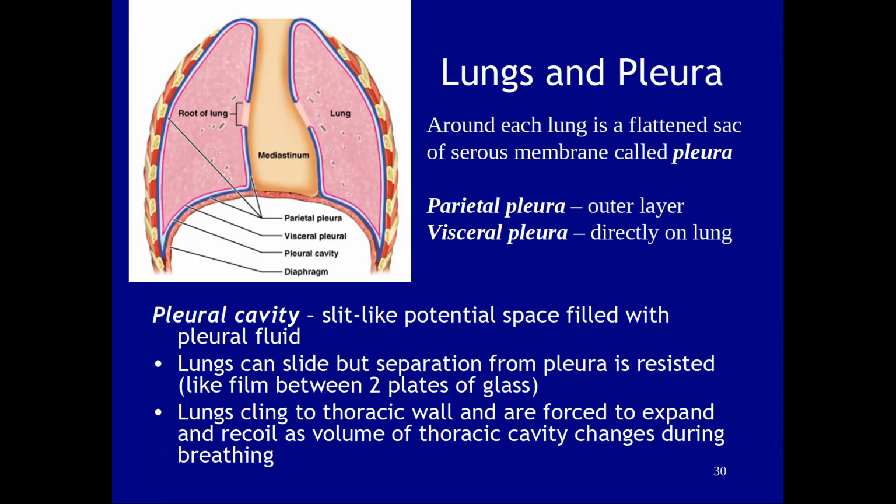Now, I'm assuming everybody remembers what the terms parietal and visceral mean, right? Parietal is lining a cavity. Visceral is lining an organ or gland. Basically, it's lining, right? So parietal lines a cavity. Visceral lines the organ or the gland.